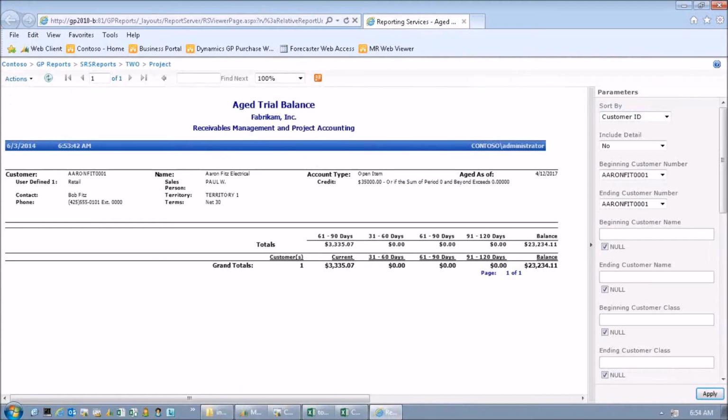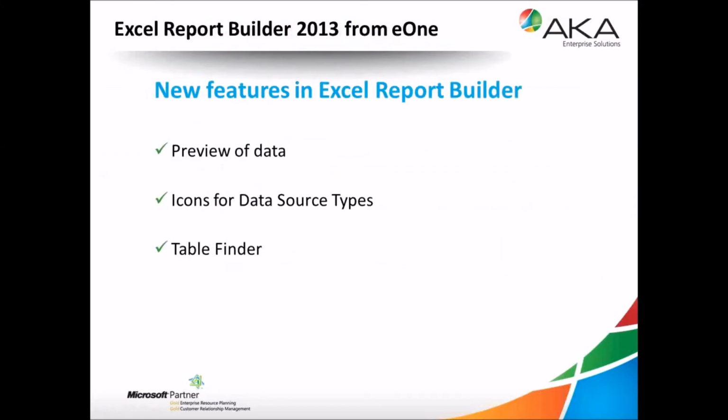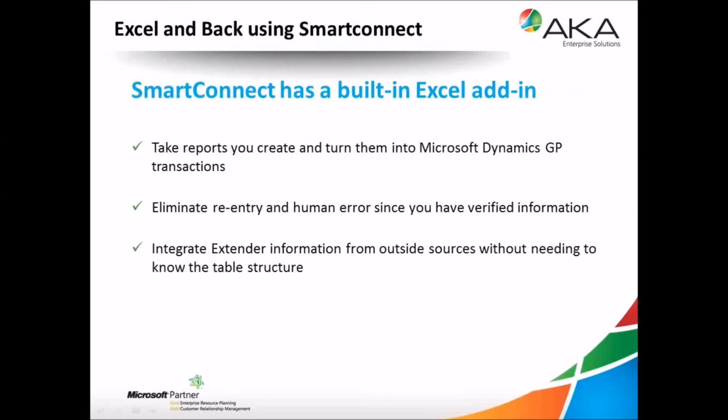Okay, so let me just finish things up with using Excel and PAC using Smartconnect. So E1 also has a product called Smartconnect, and we can do a deeper dive into that in a separate session, but Smartconnect has a built-in Excel add-in. What that's going to allow you to do is take your reports that you create inside Excel Report Builder and turn them into GP transactions.